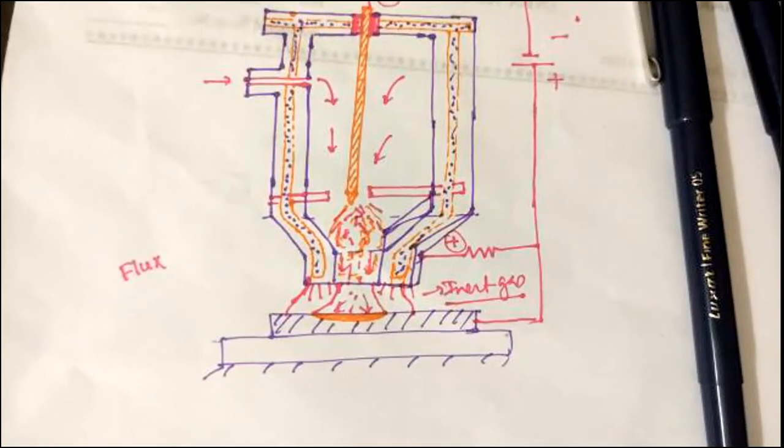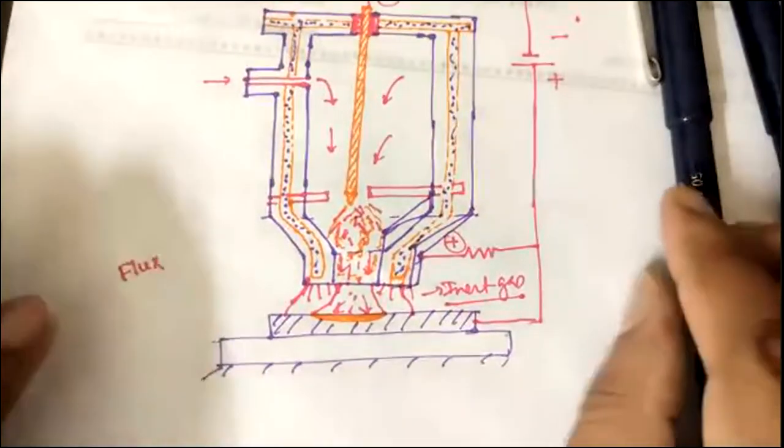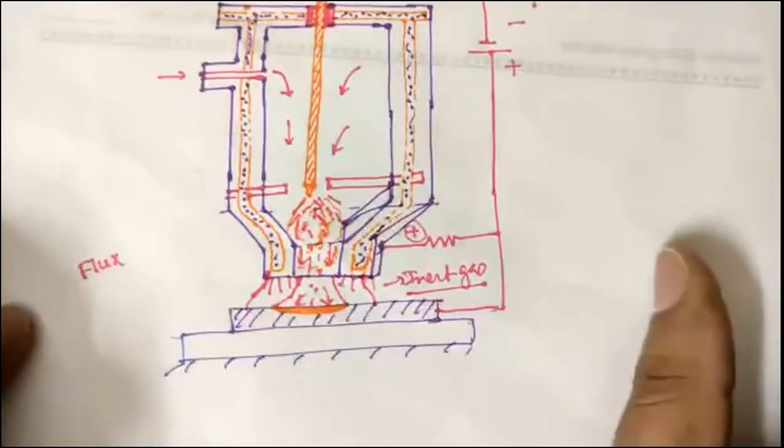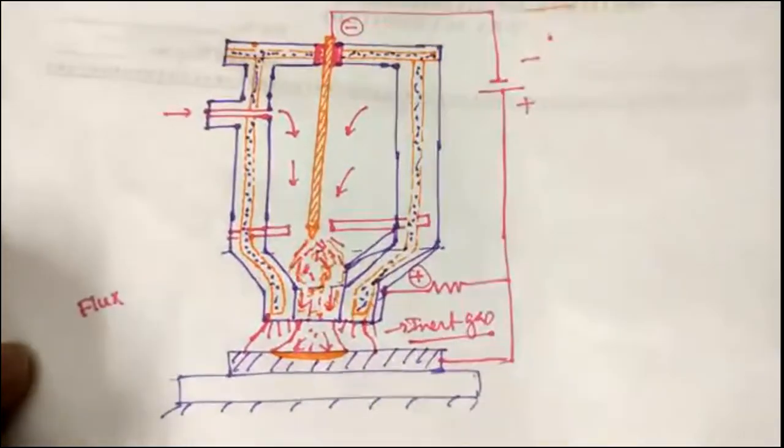In oxyacetylene gas welding, you know very well that we use filler materials. So here also it can be used. I am not telling all the time it is used, but it can be used, right? Now moving ahead to the basic two types of arc formation.